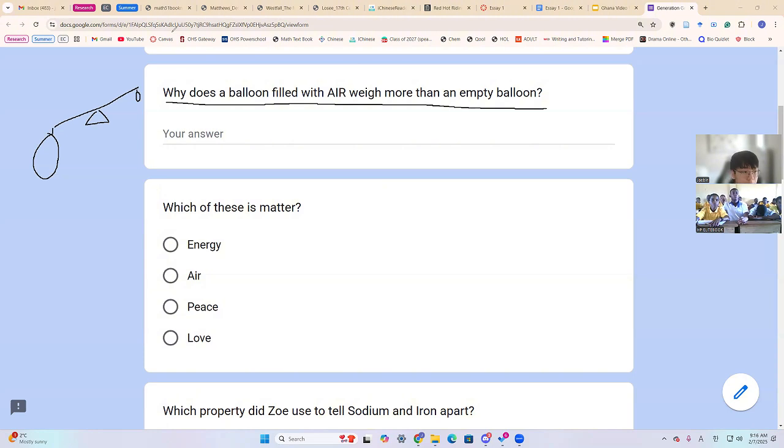Remember how in the video the balloon filled with air weighed more than the empty balloon? I heard some of you trying to say that this has more weight in it. This balloon with the air has more weight because air is matter. So the balloon with air has more matter in it, and if it has more matter, then it weighs more because it has more mass. That is why the balloon with the air weighs more than the empty balloon.